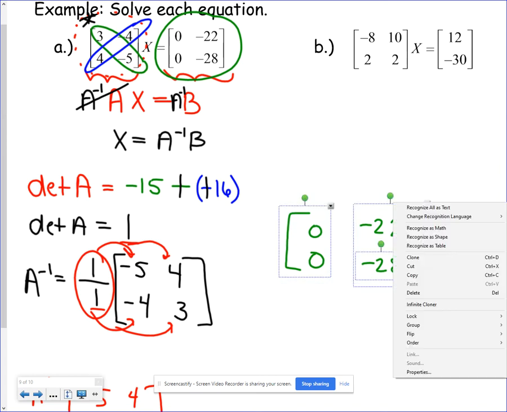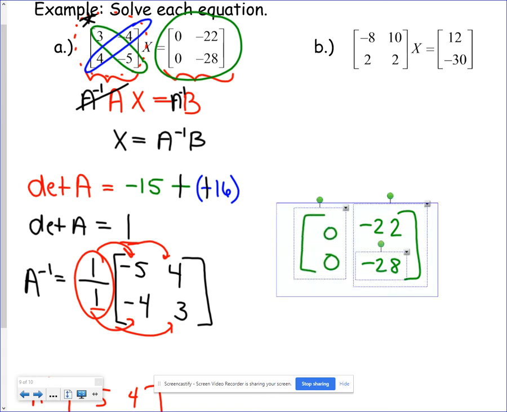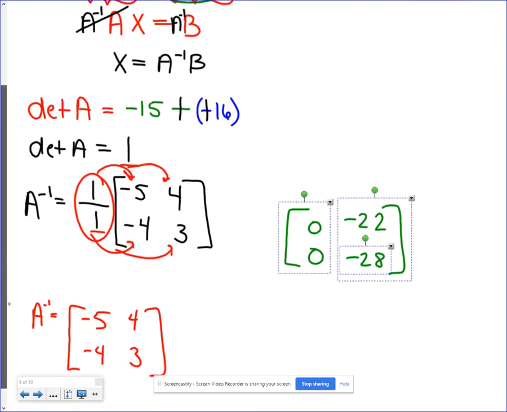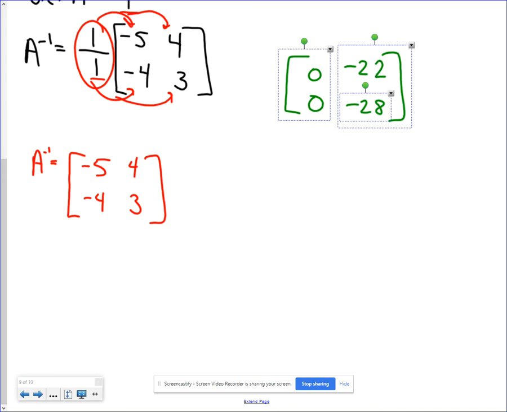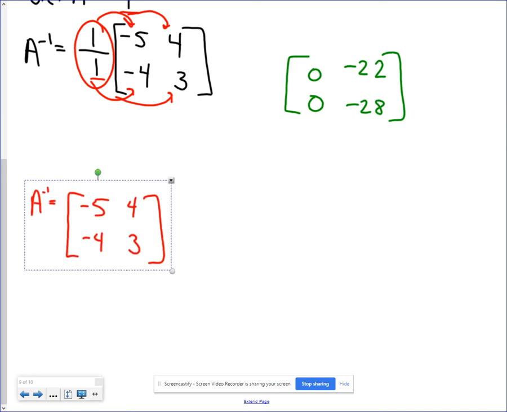So I'm going to multiply the inverse of A, which we found here, by this.